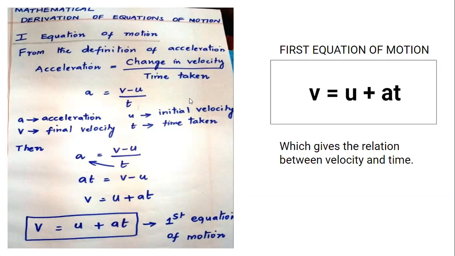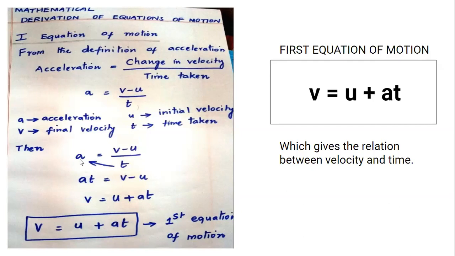So this first equation of motion, you can see that from the definition of acceleration, so a, which gives you the change in velocity. So it is v minus u. So a is the acceleration, u is initial velocity, and v is final velocity. And t is time taken. So you know this formula, right? And you can see that I have just drawn an arrow here, which means cross multiplication.